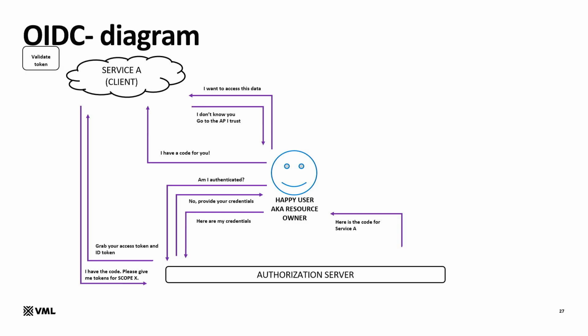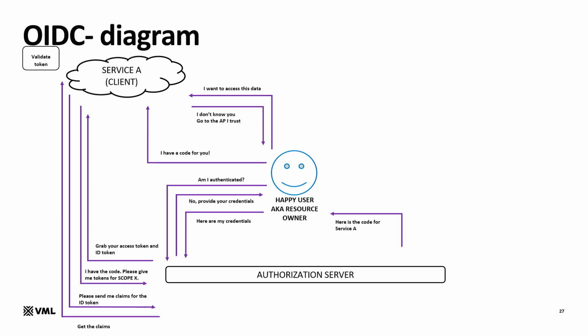As I said, it's an additional layer built on top of OAuth. With OIDC we will have not only an access token to get some data, but also an ID token, so we can reach the profile endpoint in the authorization server and get the user data.